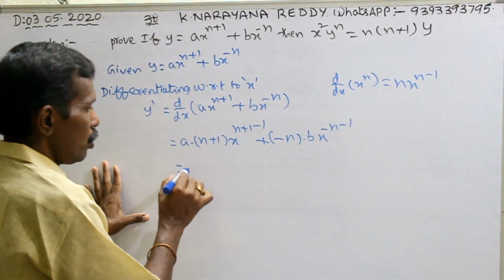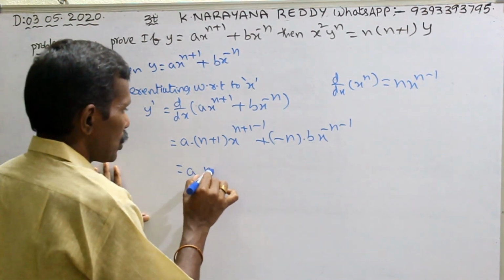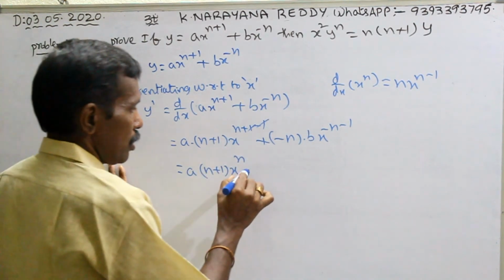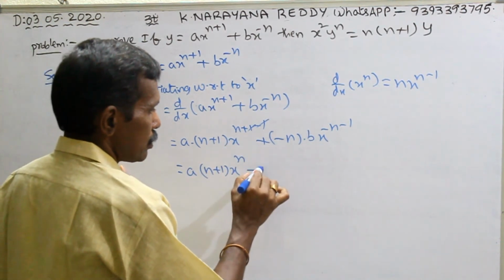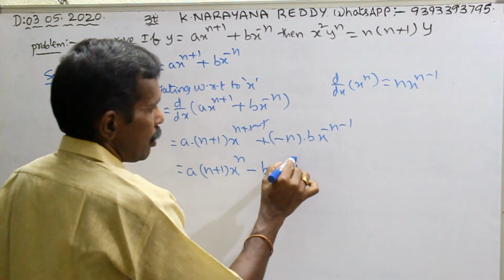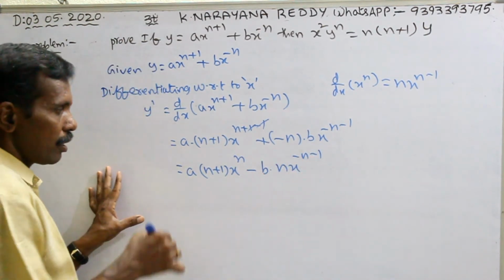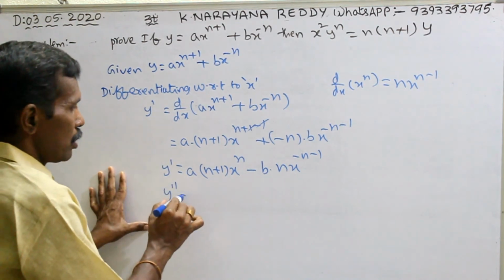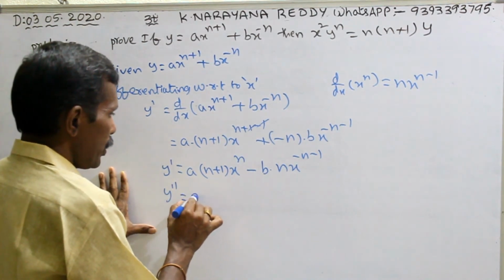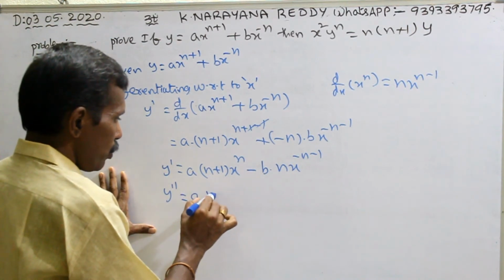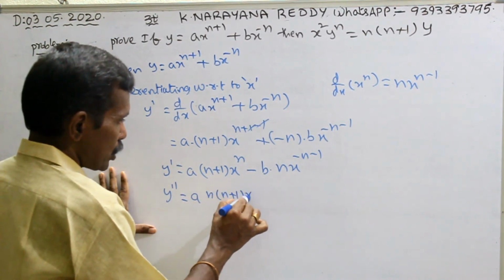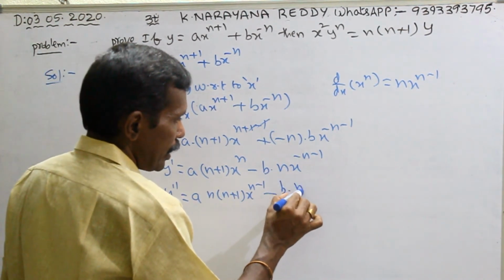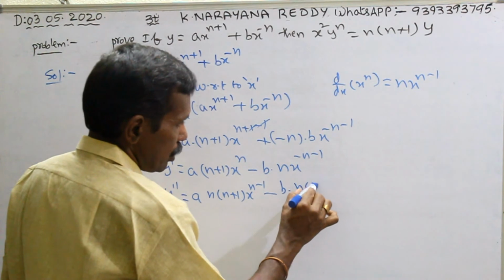Yes, now a into n plus 1 x to the power of n, 1 gets cancelled, minus plus and minus minus b n x to the power of minus n minus 1. Okay, now y dash, y double dash: a into n into n plus 1 x to the power of n minus 1, minus b into n into n plus 1.